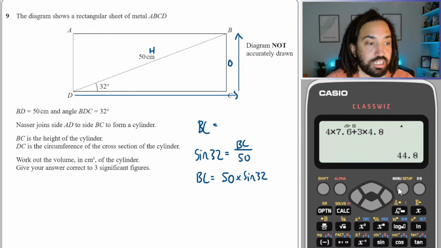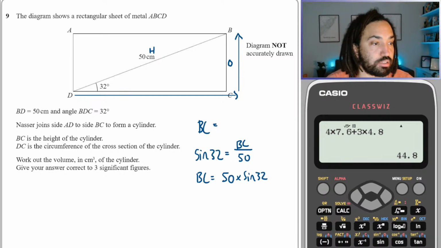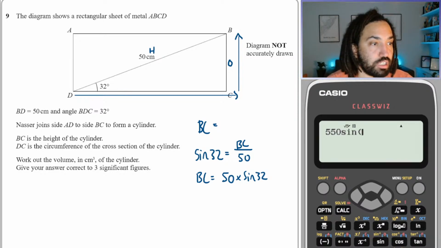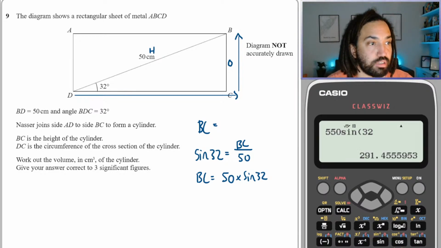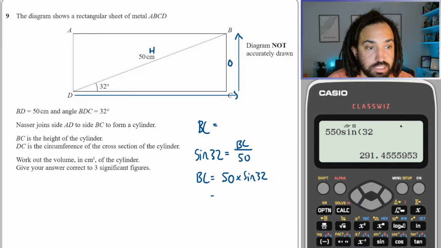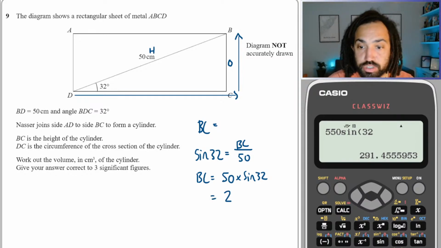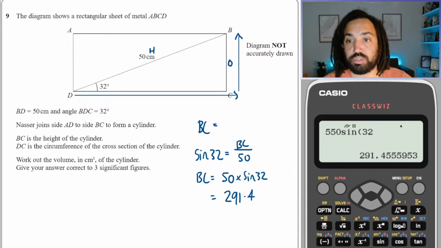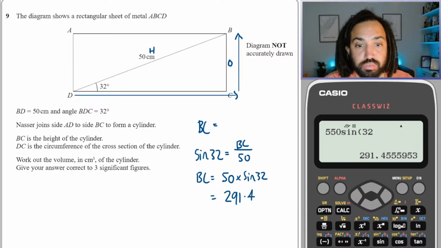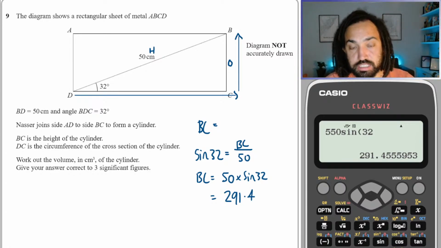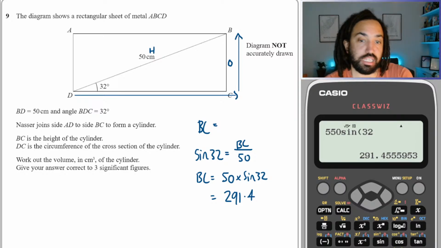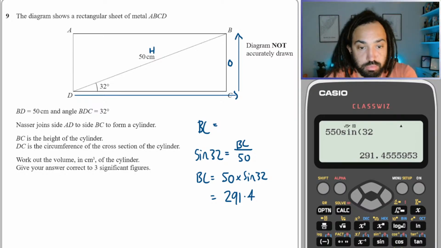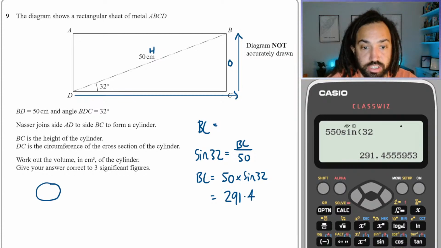So we can get our calculator out, and we could do 50 sine 32, and we get 291.4. Beautiful.